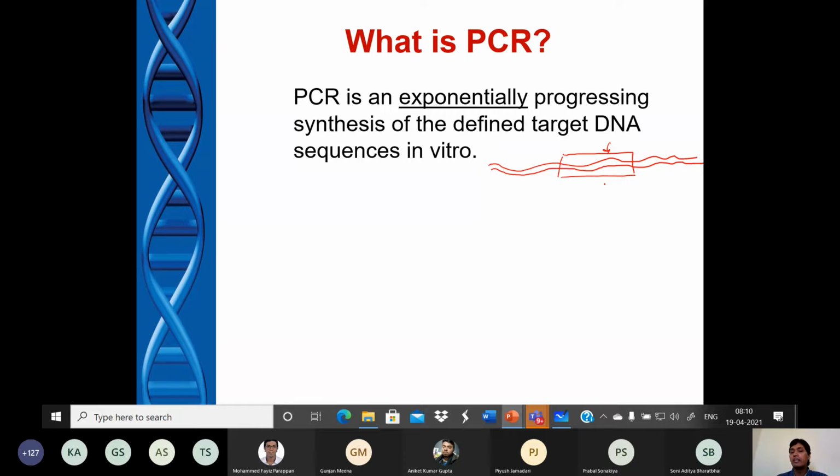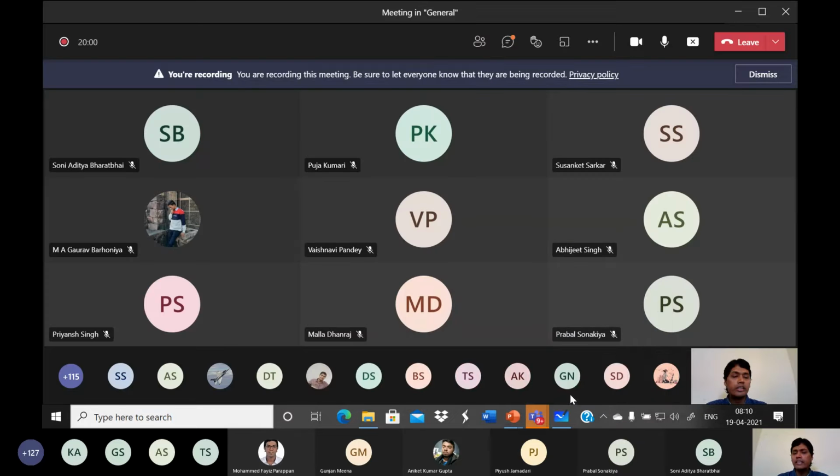But this is very important, because I introduced that this PCR is very important in normal academic research. Some of us are interested in some protein because of their therapeutic purpose. Some proteins are being used as therapeutics.